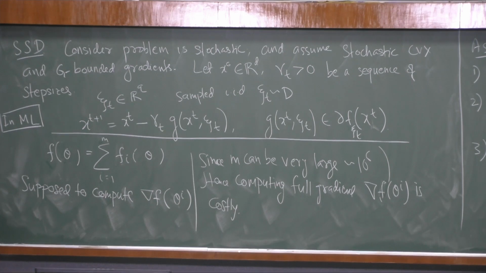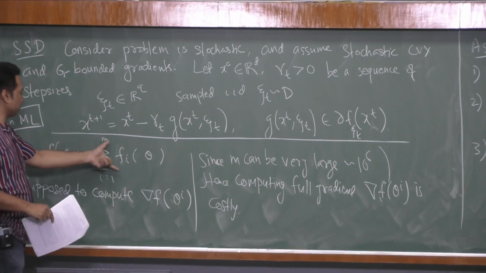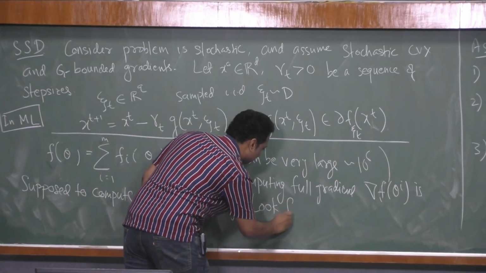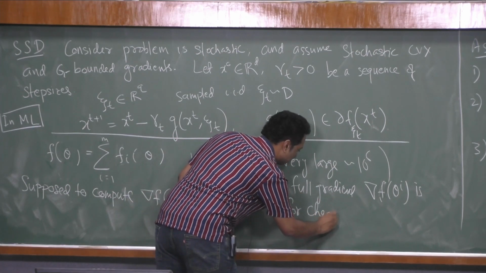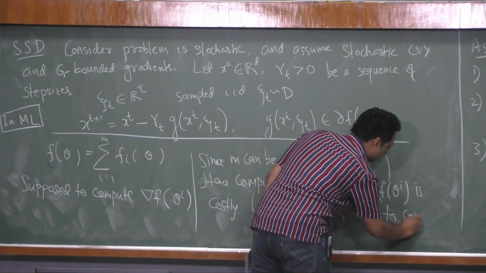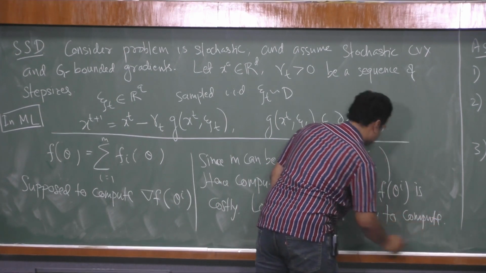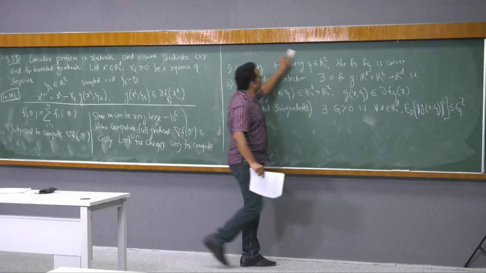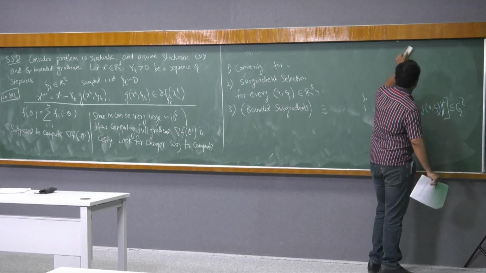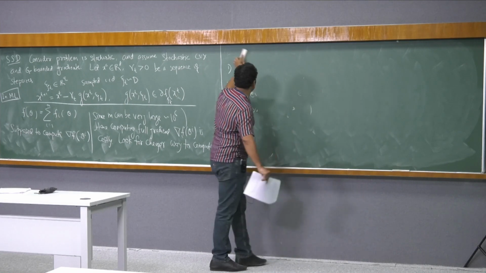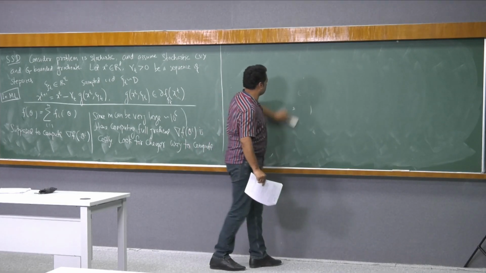Since computing the full gradient is costly, we look for a cheaper way to compute the gradient. The cheaper way is, as I said, to approximate f as a sum over only the selected samples.